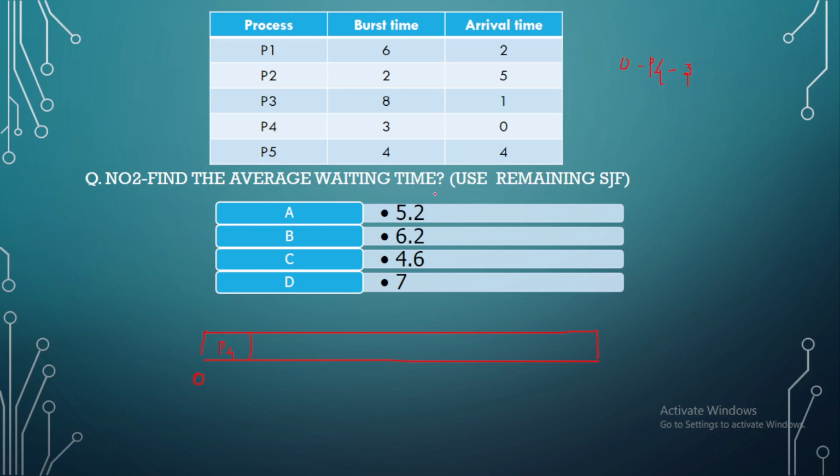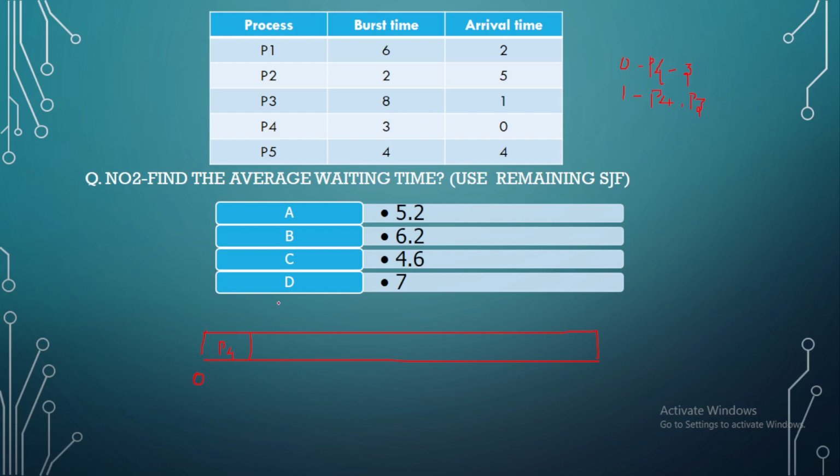At the time of 1 we have P3 here, so we have P4 and also P3. Now P3's execution time is 8, larger than P4, so we are not going to preempt any process here.